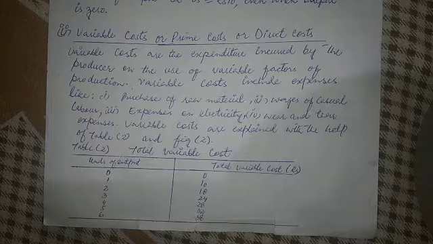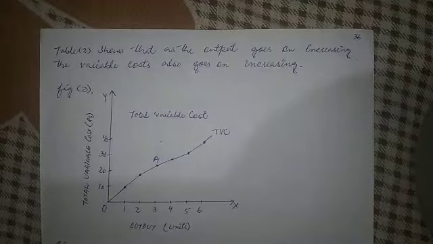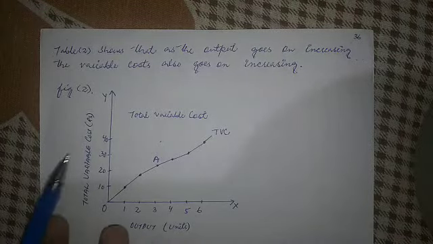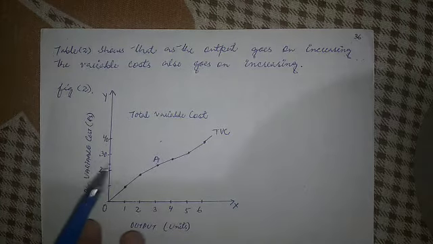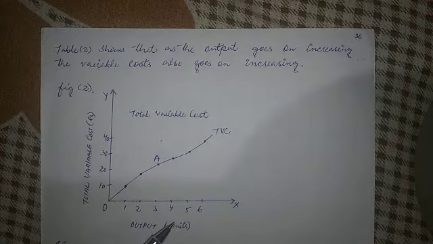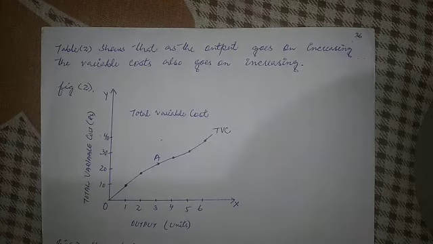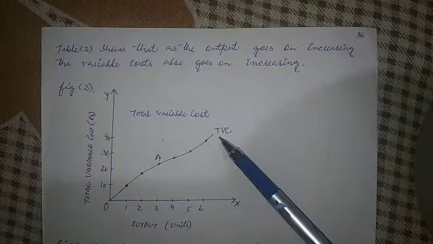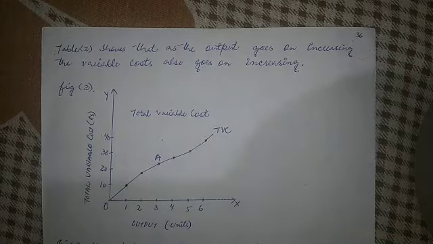Now I will show you this in figure. You see, in this figure 2, x-axis shows the units of output and y-axis shows the total variable cost. Now TVC is total variable cost.